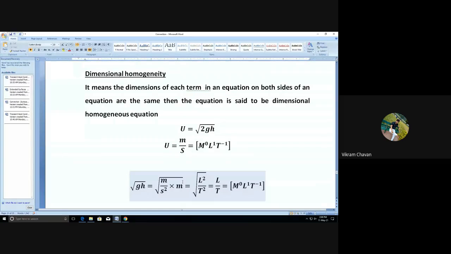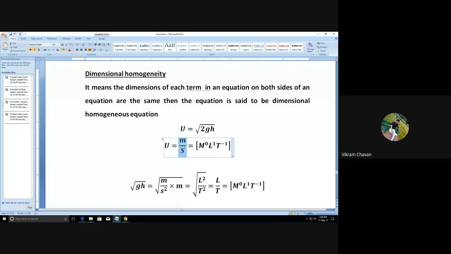For understanding purposes, I have taken one example. If you write the formula for the velocity as U = under root of 2gh, then U, the velocity, has unit meter per second. If you know the unit, it is easy to write the dimensions.